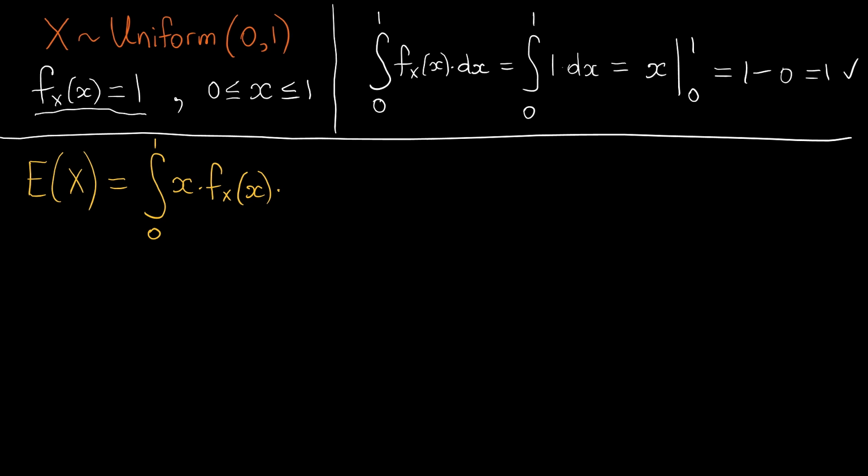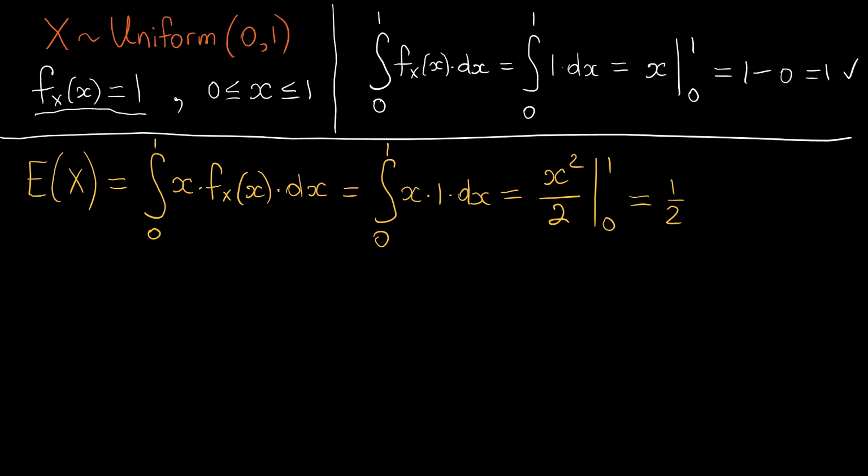So that's what we have, and we need a dx here. Let's replace the PDF with its actual value, which is just 1. So this is what we're looking to integrate. The integral of x is x squared over 2, and the limits of integration are 0 to 1. So we get 1/2 minus 0, and that's just 1/2, which is 0.5.